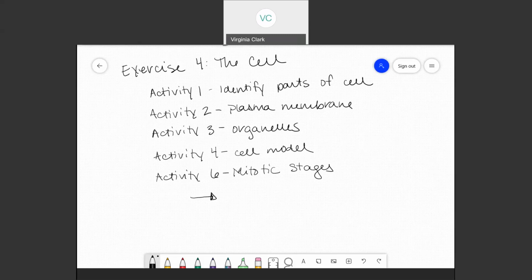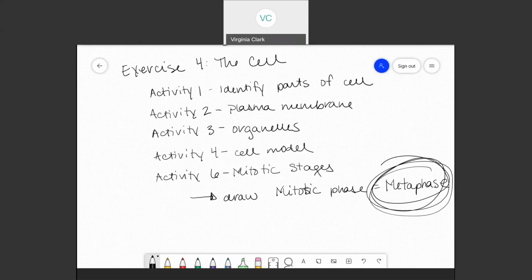I want you to draw mitosis, but not all of the phases. I want you to draw the mitotic stage of metaphase. And that is your histology drawing for this week, metaphase. And that is it for exercise 4.